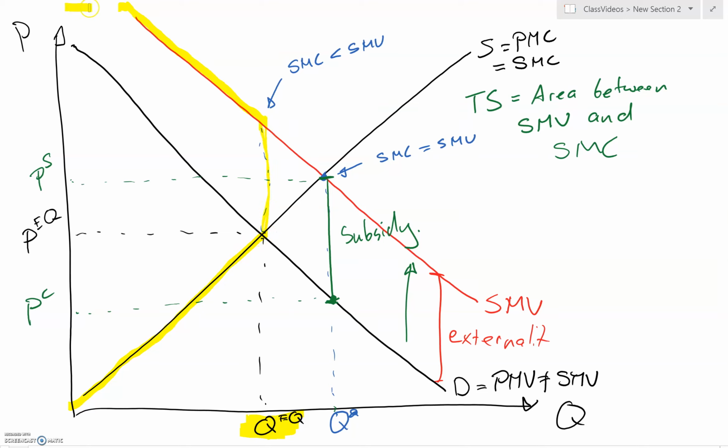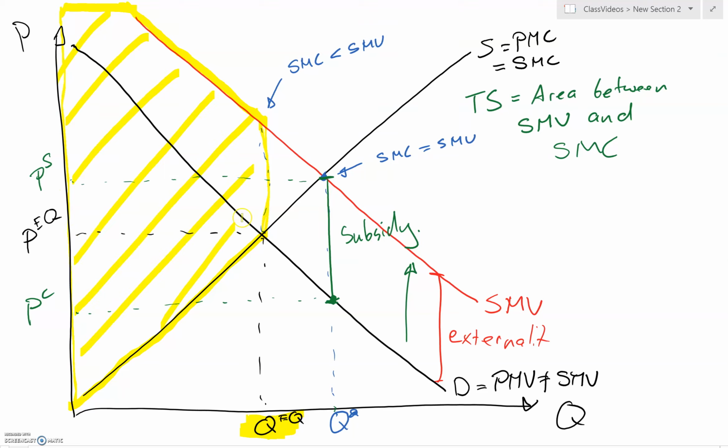And so the total value generated from these trades is equal to this yellow area here. Okay, and as an exercise, you should probably have a think about which parts of this area are consumer surplus, producer surplus, and external benefit.